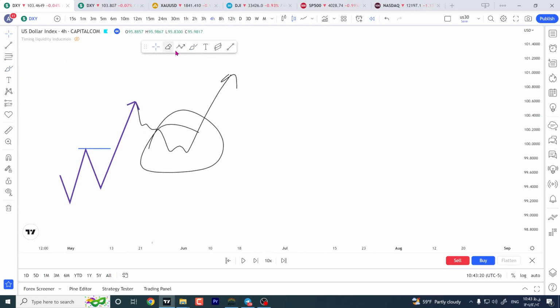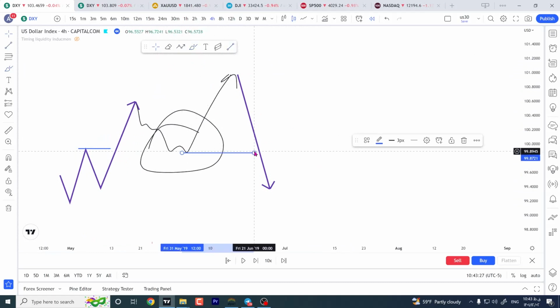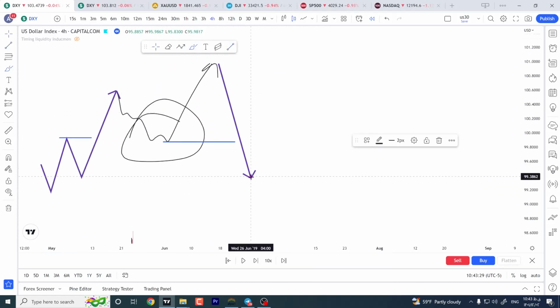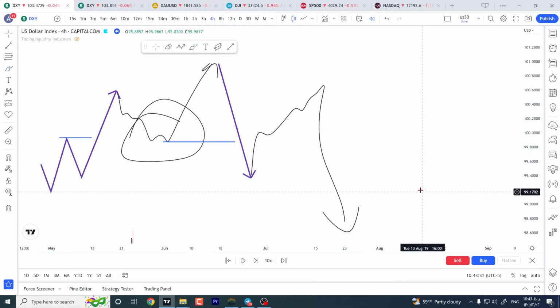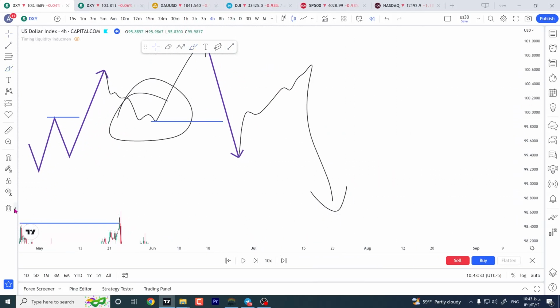And for example, when the market after that comes and breaks downside, we can say that it is our structure, so we wait until it pulls back and it goes to the downside.